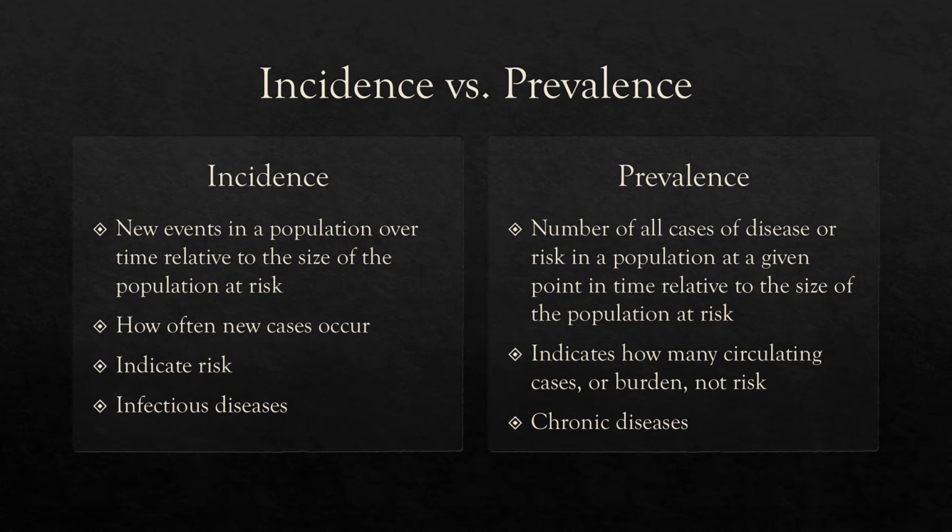So it can be tricky, and you really have to look at the natural history of a disease in order to determine which view of the numbers is more valuable. But typically we look at incidence for infectious disease to determine risk and how quickly something is spreading in the population, as opposed to using prevalence to describe chronic diseases and the burden of disease in the population as a whole.